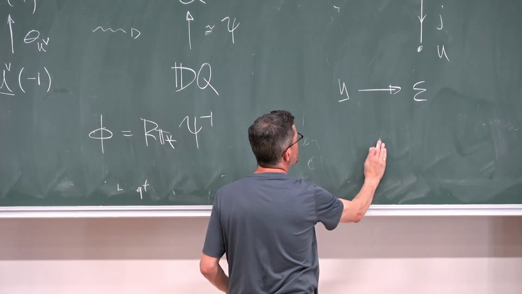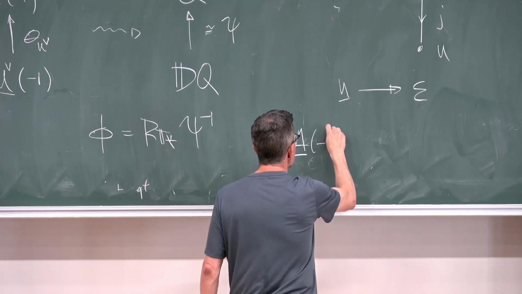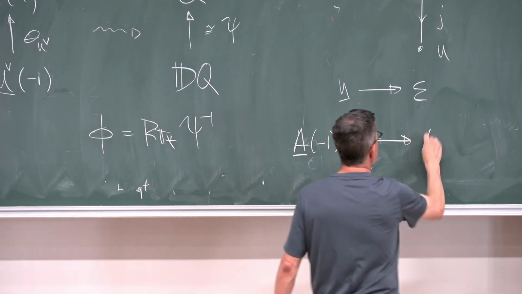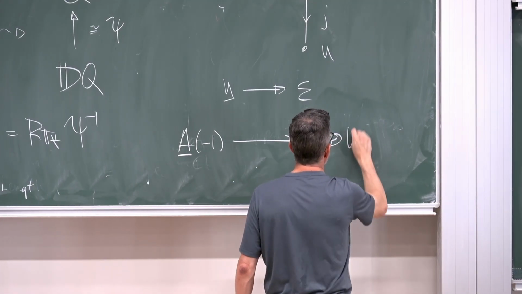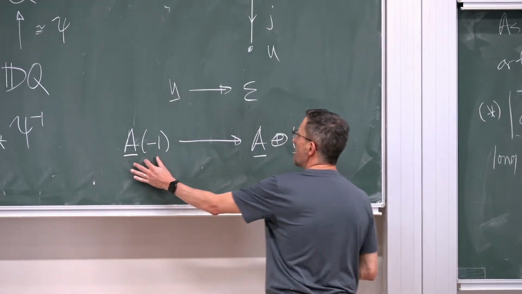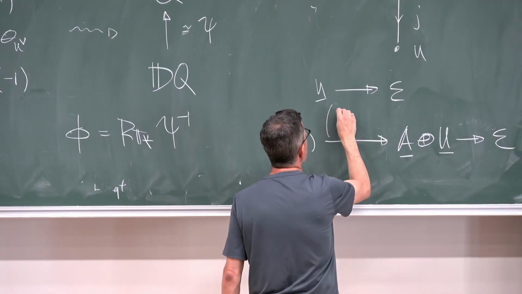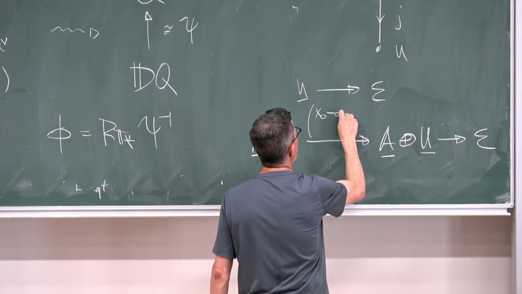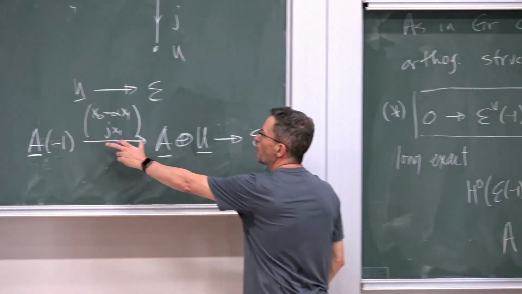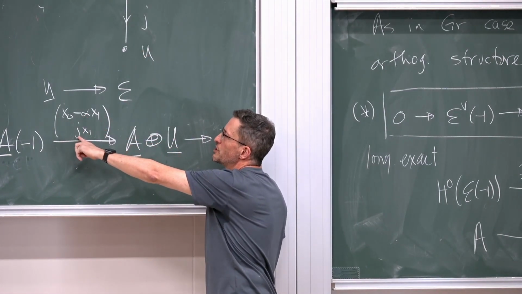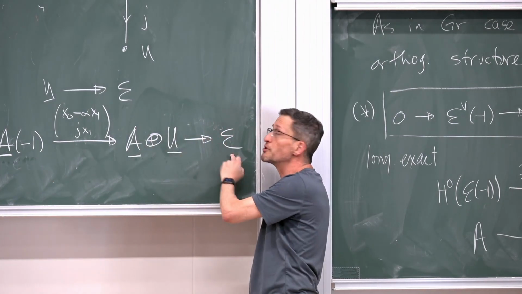Maybe the most useful way to get your hands on E, and this is what's coming from the Beilinson spectral sequence, is that you have a very explicit map from bundles, a collection of O(-1)s and a collection of O's, whose quotient is E, and this map right here is x0 minus alpha x1, j x1. So the alpha and the j give you a very explicit map from this bundle to this bundle, whose quotient is the E and whose projection is this thing.